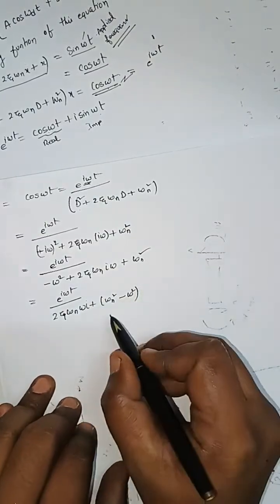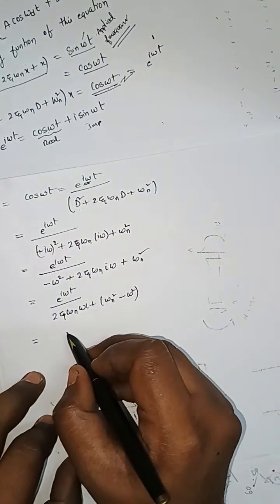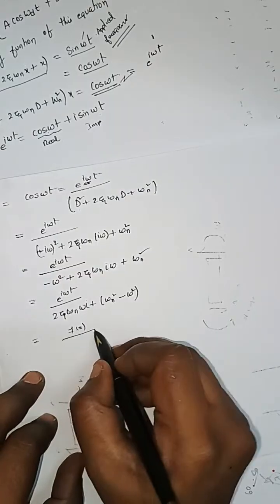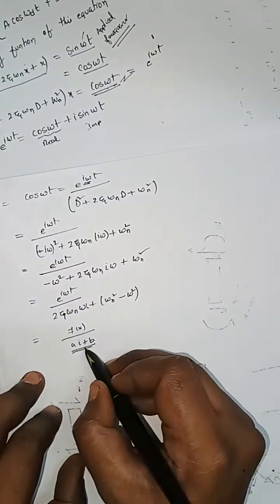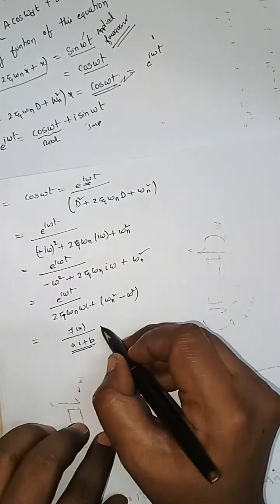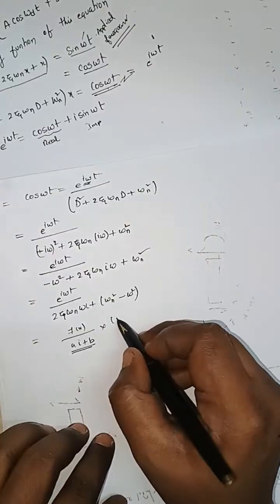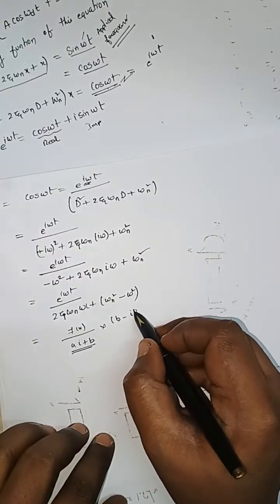Now, since this is in the form of a sum of the function which is a i plus b, we can't have a complex denominator, so you have to rationalize this function.